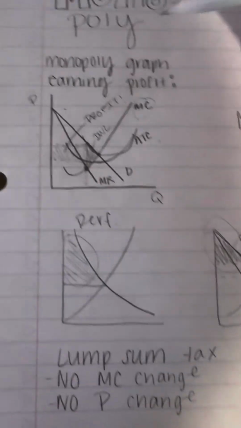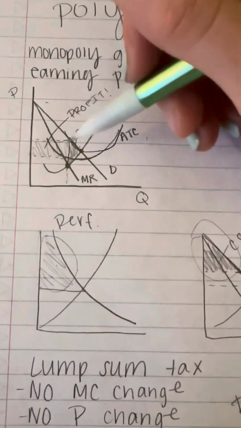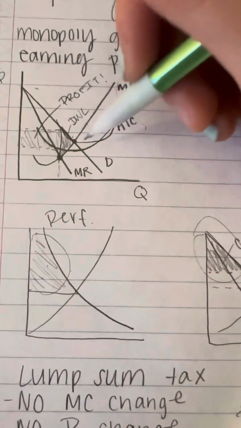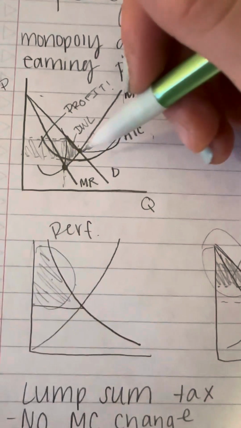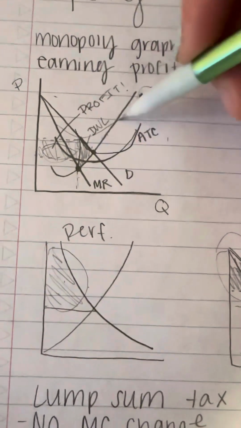So on our graph, our price and our quantity are going to stay the same, but for economic profits, the ATC curve shifts up, which is going to reduce our economic profit area when it moves up here.